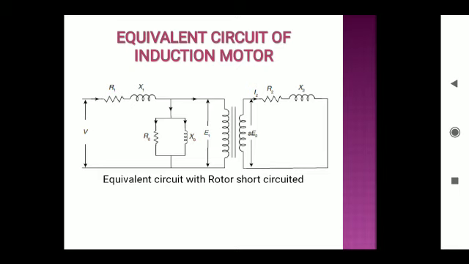R2 is the secondary resistance, R1 is the primary resistance, X1 is the primary reactance and X2 is the secondary reactance, and R0 and X0 are respectively the core resistance and core reactance.